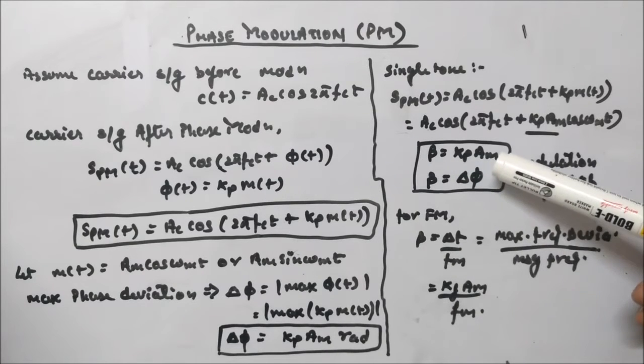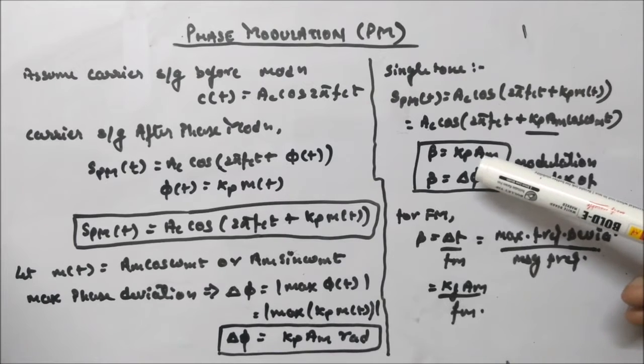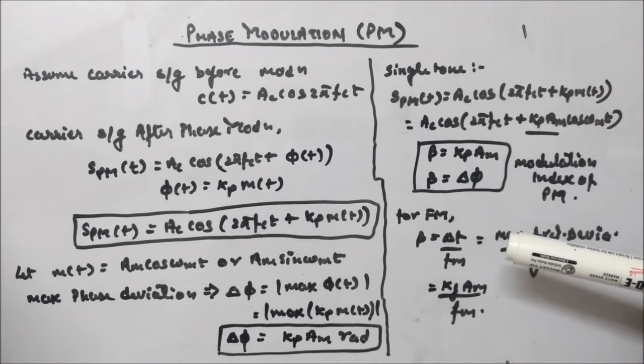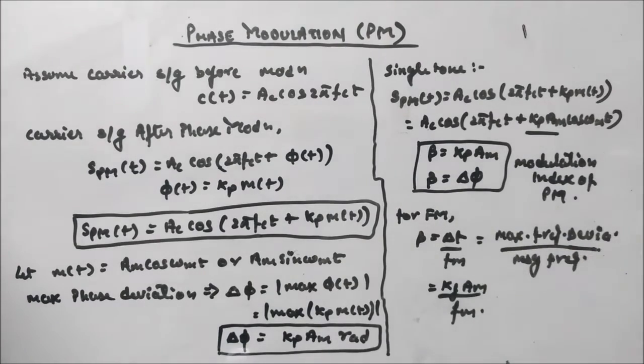It is defined in this way. So your modulation index is Kp into Am. If you check, it is the same as Δφ. So you can say β is equal to Δφ. That means your maximum phase deviation is equal to the modulation index of the phase modulator.